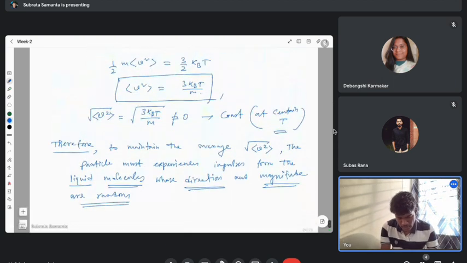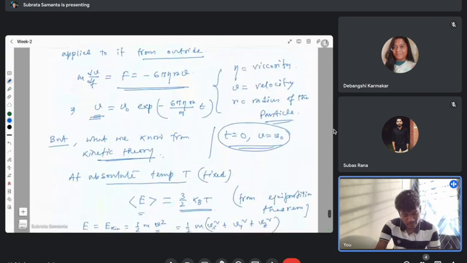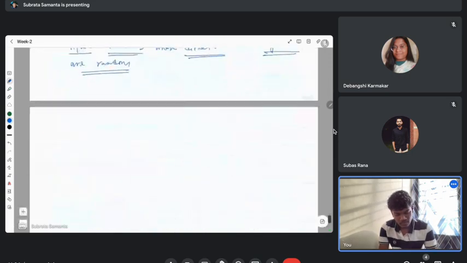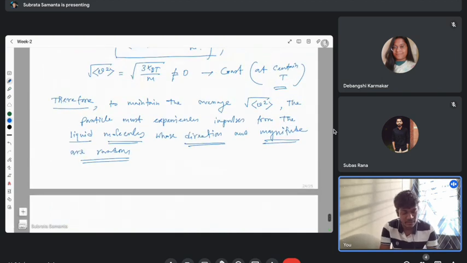So what is the existence of the random force? We assume that there is some kind of random force there, and due to this, to maintain the average square error.